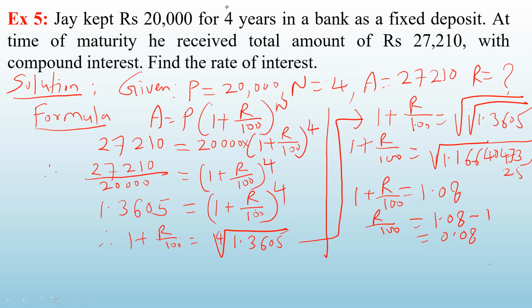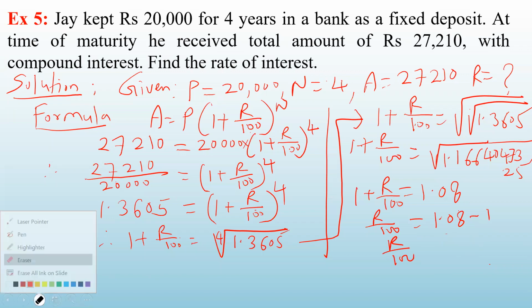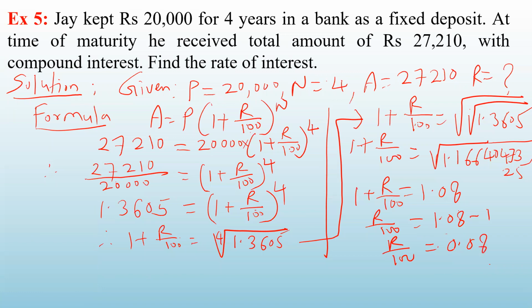So what will be the value of r? R upon 100 is equal to 0.08. So what will be the value of R? 100 multiplied by 0.08, that is 8.